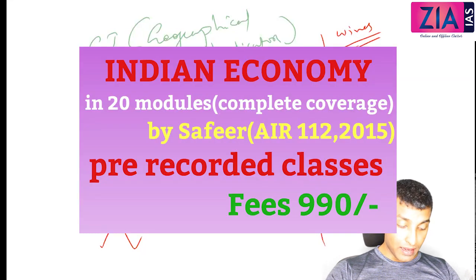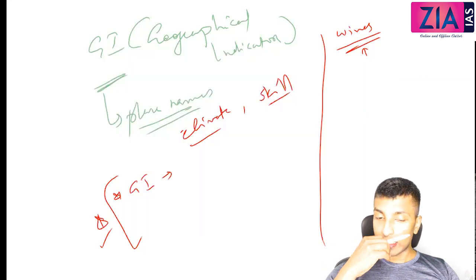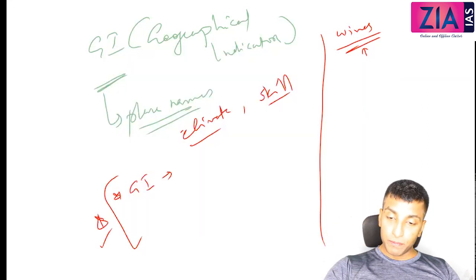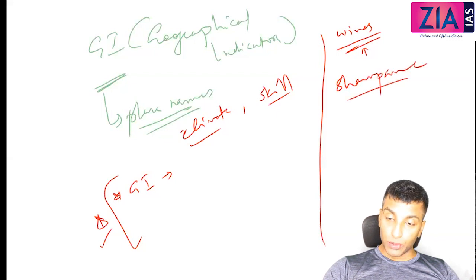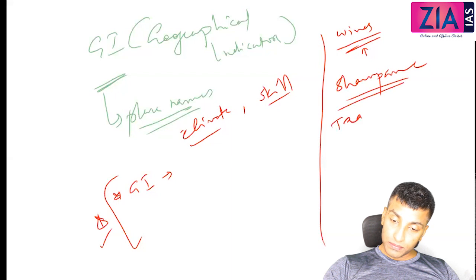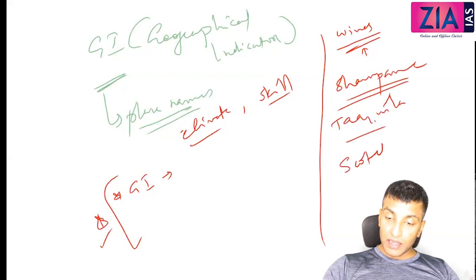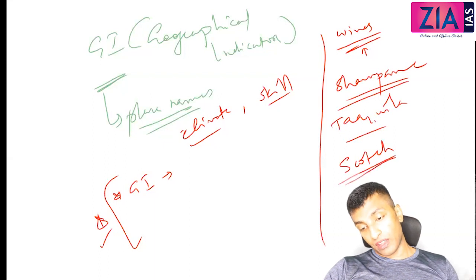Like champagne, tequila, scotch, how many of you know that these are place names? Champagne was a geographical indicator. It's the name of a city only. Tequila, okay, again the name of a city. Scotch. So these were the initial ones.